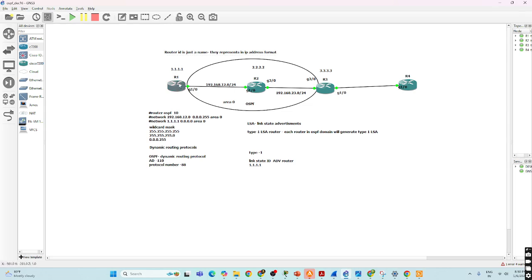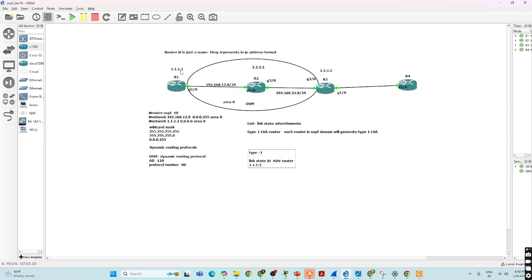So R1 is generating this type 1 LSA for the 1.1.1 route. How is the router ID elected? Whatever the highest loopback address is on the router, that will be the router ID. On R1 we have configured only one loopback address, so 1.1.1 is the router ID.